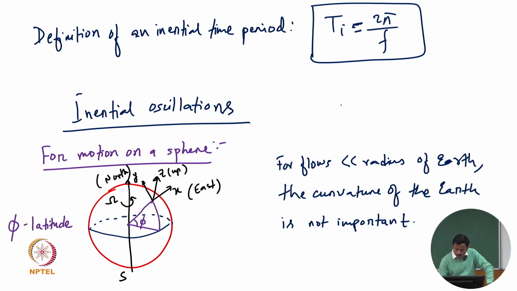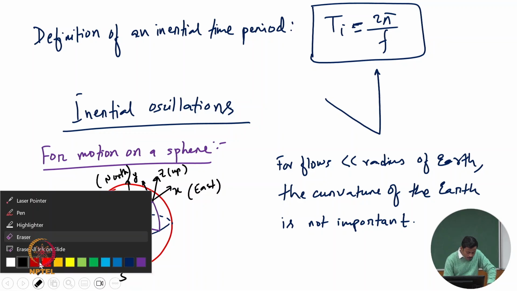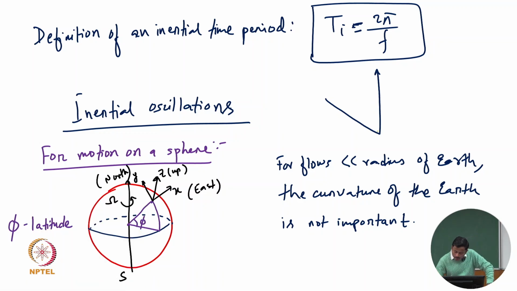So if you have a plane like this, the omega vector will always lie on the yz plane. So the x axis is perpendicular to both y, z and omega.